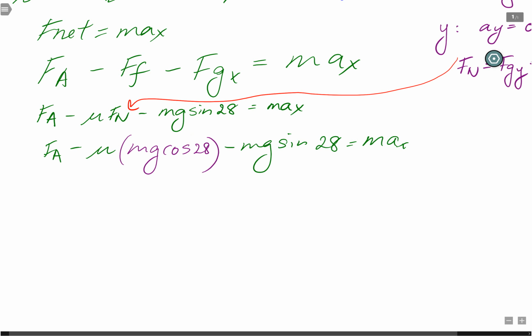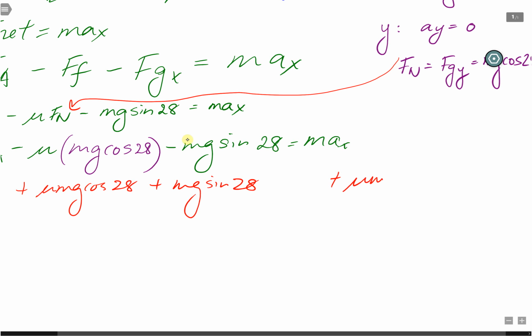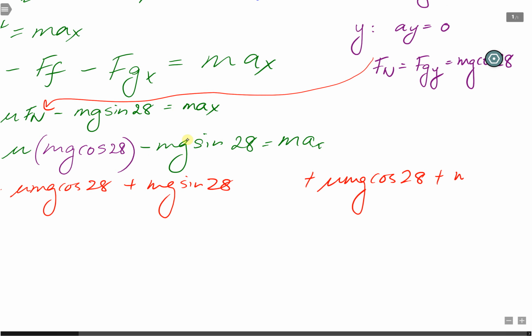To solve for FA, let's move everything to the other side. I'm going to add mu mg cos 28 plus mg sine 28 to the other side.